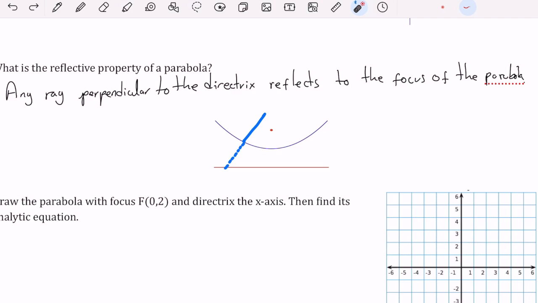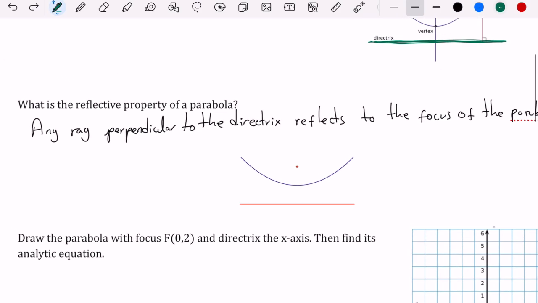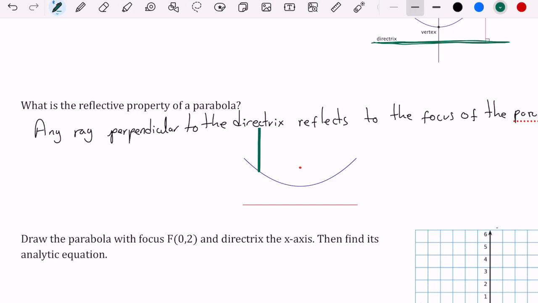But a ray that is perpendicular to the directrix, like for example, if I draw this ray, so this one is perpendicular to the directrix, and this ray is going to reflect to the focus.